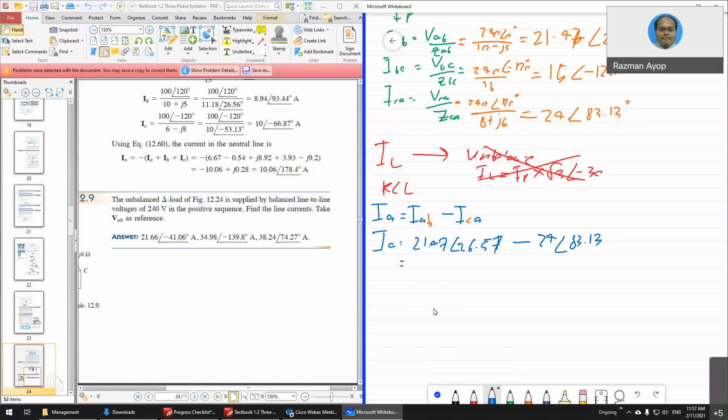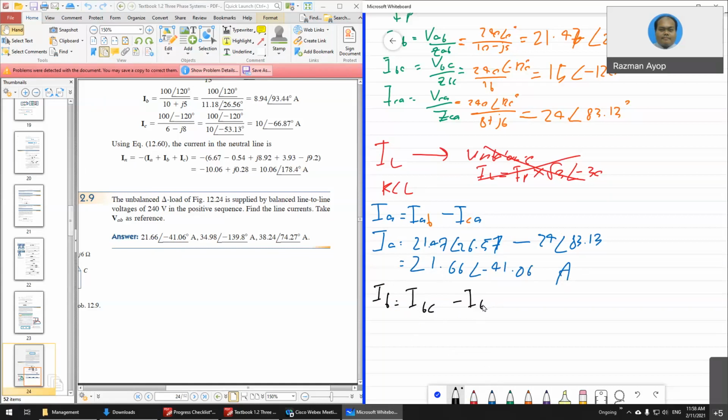The answer should be 21.66 angle negative 41.06 amperes. You have already found the line current. Apply the same concept: IB equals IBC minus IAB, using the positive sequence AB, BC, and CA.